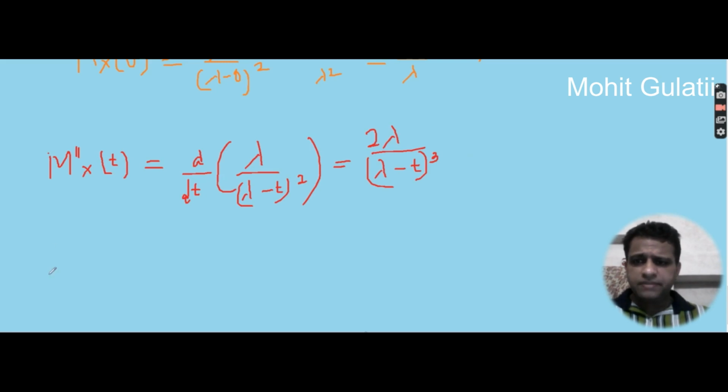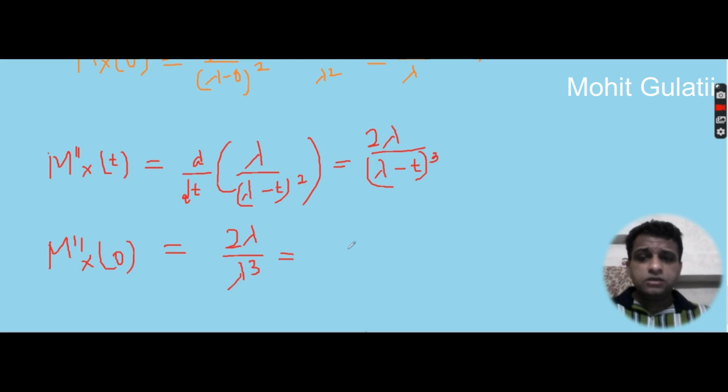When I plug 0 in M double dash X(0), I get 2 lambda over lambda cube, because I have plugged 0 in place of t, so I get 2 by lambda square, and that will be E(X square). Okay, thanks for watching.